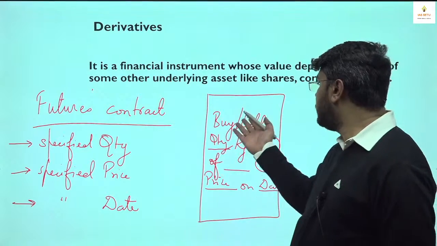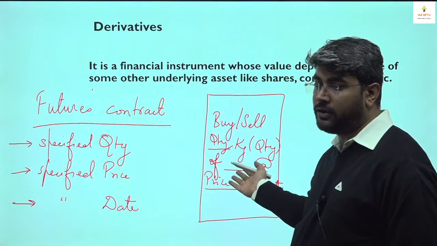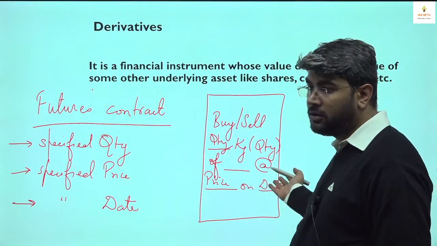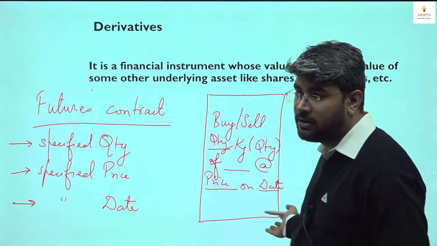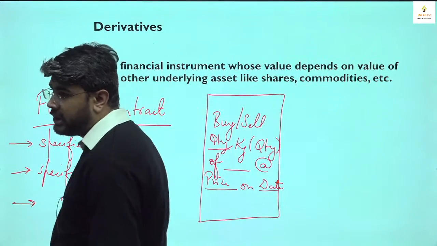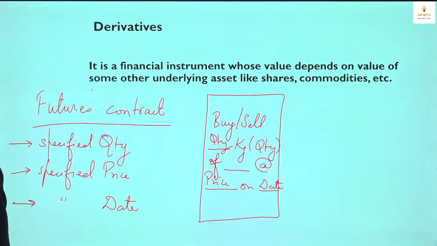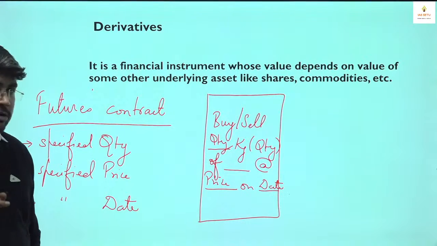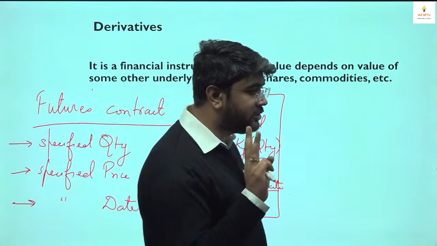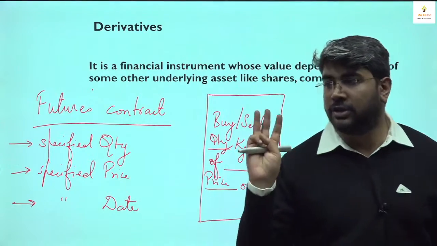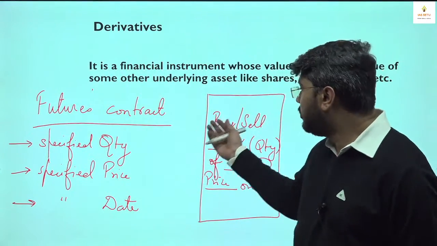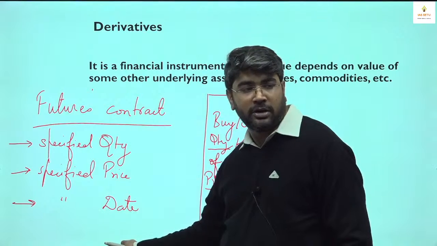So I can say buy these many shares of Tata Motors on this date at this price. So this becomes a futures contract. तीन चीजें इंपॉर्टेंट हैं जिसके बेसिस पे हम डेरिवेटिव कह रहे हैं इस इंस्ट्रूमेंट को. Three things are most important. First, there has to be some specified quantity. Second, there has to be some specified price. Third, there has to be some specified date. Date has to be futuristic date. Futuristic date है तो futuristic contract हो गया, खत्म.